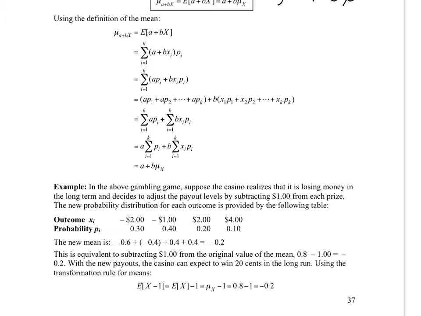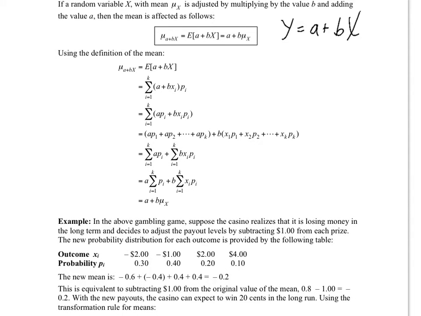So you can take the mean of the original distribution, 80 cents, and subtract $1, which leaves a new mean of negative 20 cents.